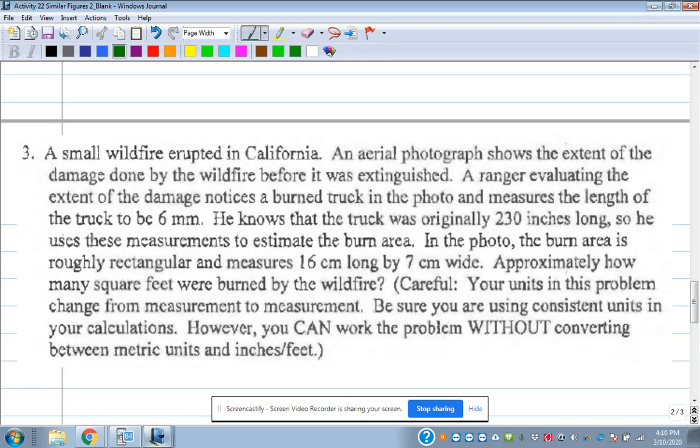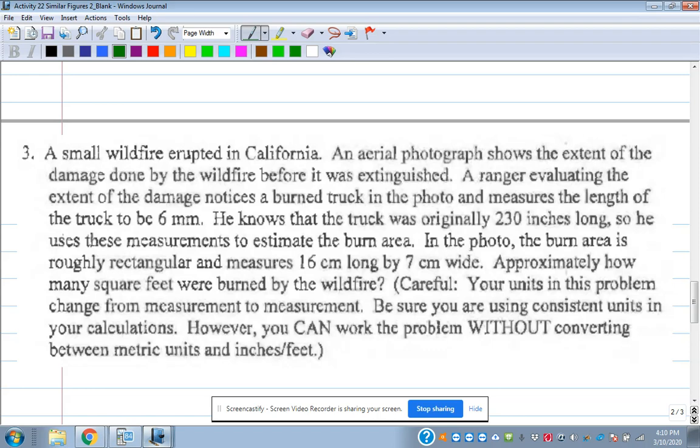And in the notes here, it says, careful, your units in this problem change from measurement to measurement. Okay, be sure that you're using consistent units in your calculations. However, it can be done without converting between the metric and customary system. Okay, so converting from metric to inches doesn't have to be done here because most of us don't know that.